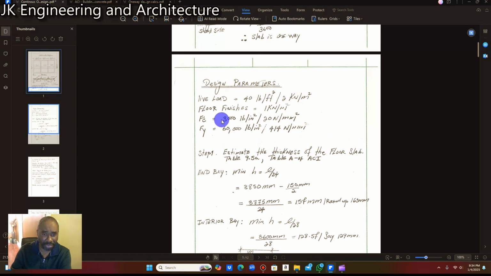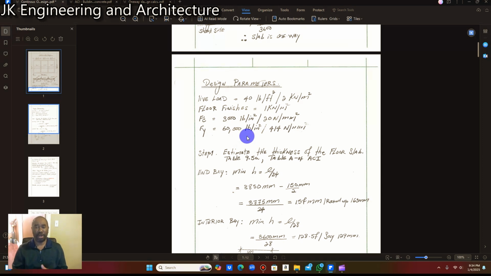Now our compressive stress of concrete is going to be 3,000 pounds per square inch, or 20 kilonewtons per meter square, and our yield stress of steel is going to be 60,000 pounds per square inch, or 414 newton per millimeter square.